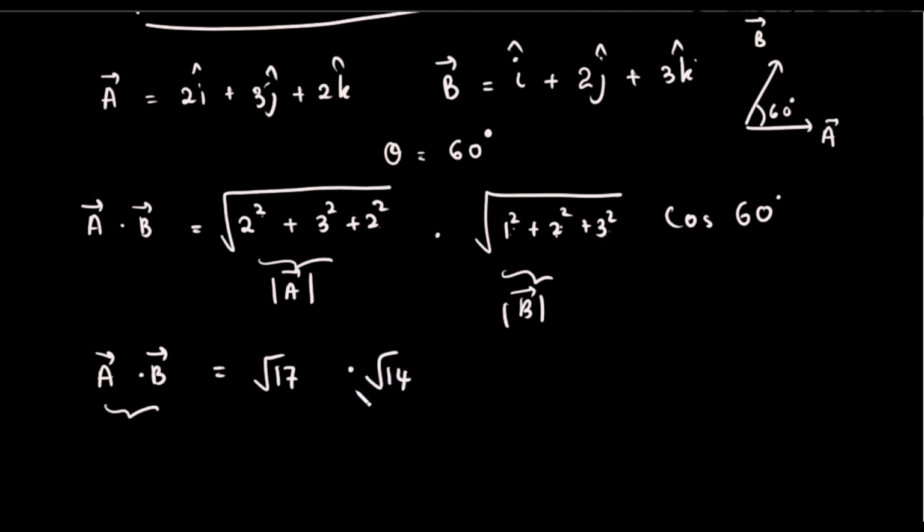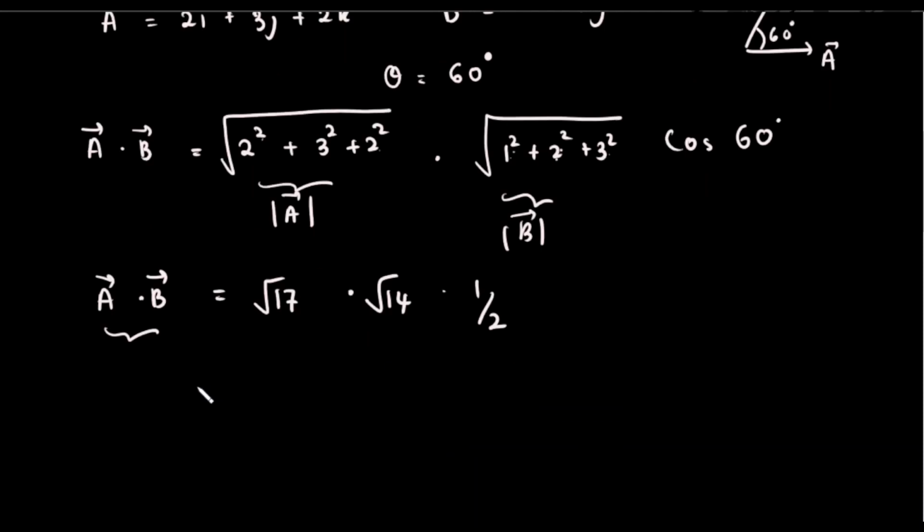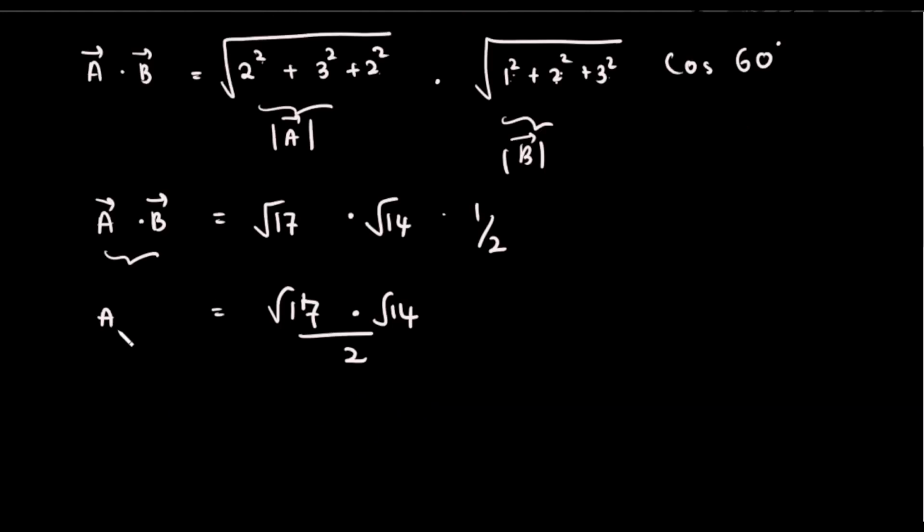So we have the square root of 17 times the square root of 14, and cosine 60 is 1 over 2. That is the value of the scalar product.